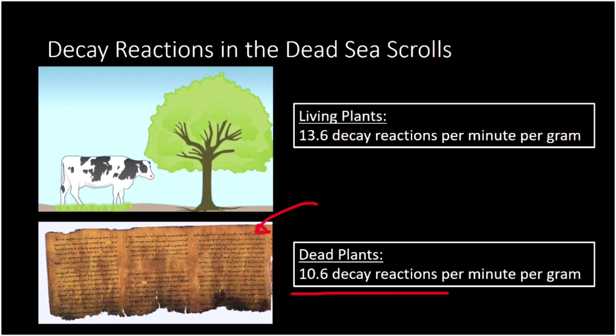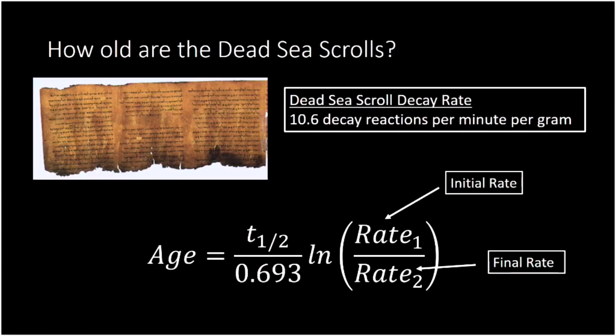Okay? And so now that I've measured both of those decay rates, all I need to do is compare them with a little bit of math, and I can figure out how old the Dead Sea Scrolls are. Let's practice that. Okay, here's the math I've got to go through. This equation compares the initial rate and the final rate. So rate 1 is the rate at the beginning when the organism is alive.